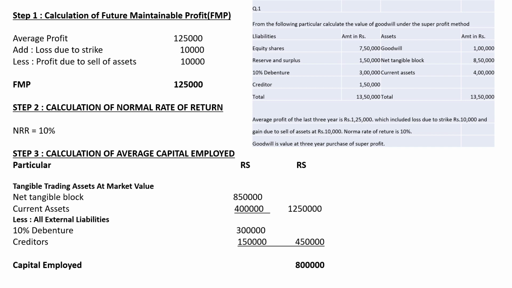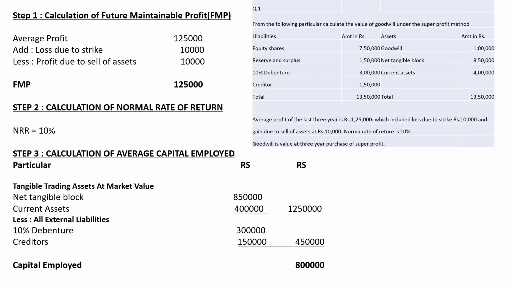And they have added a profit due to sale of asset, so in the current year we are going to deduct it. So 1,25,000 plus loss due to strike 10,000, less profit due to sale of asset 10,000. The value of future maintainable profit is 1,25,000.